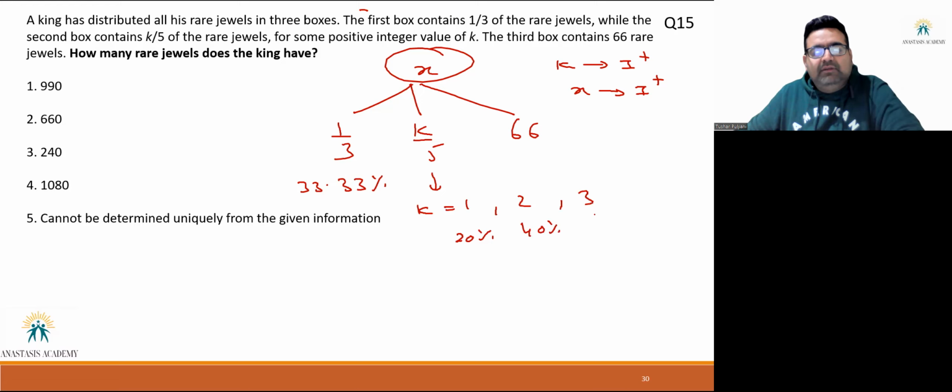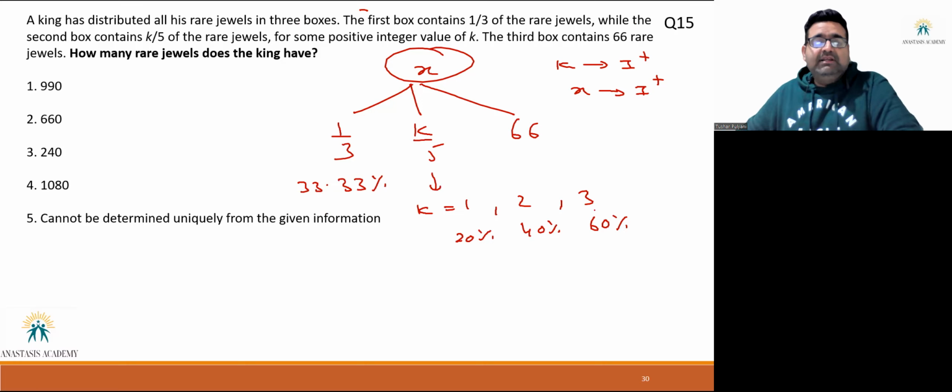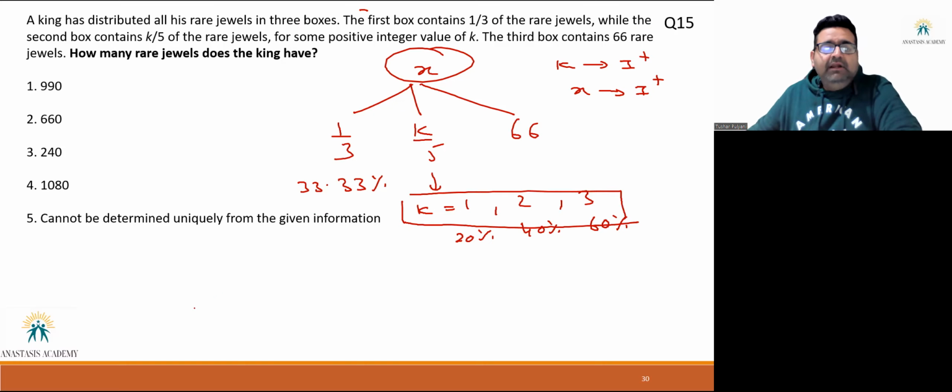This is still possible. 3 by 5, 60% is also possible. But if I go to k equal to 4, it will become 80%, which is not possible because 33.33% jewels I have already put in the first box. So there are 3 possible values of k. Now we can try out one by one and see where we are able to get an integral answer. The final answer also has to be a positive integer.